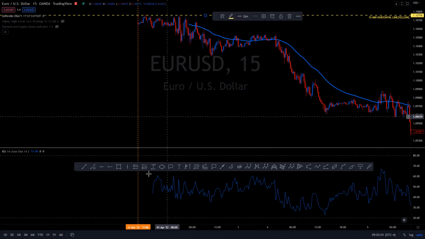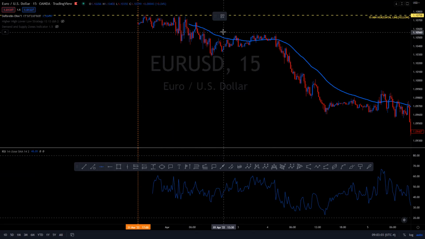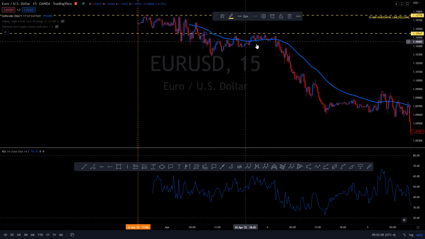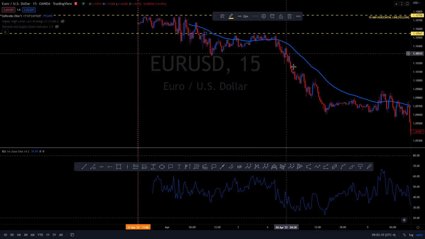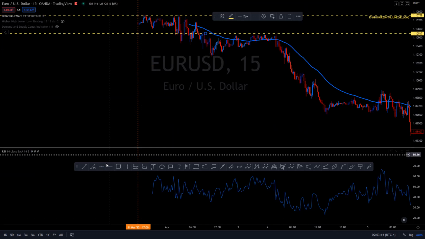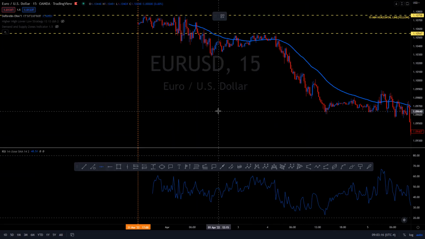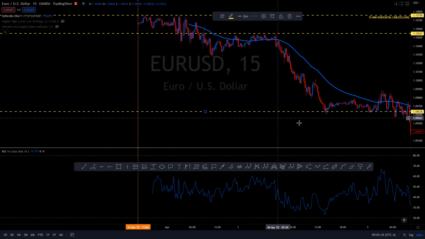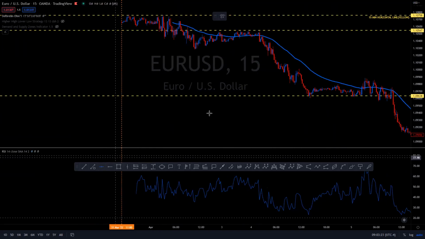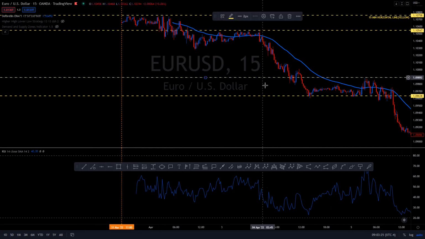And then we can see that there was another strong supply zone here as well. Price eventually broke that and hit that, which really made price drop all the way down to this demand zone here. See, there was a little bit of demand zone here. And then we really saw one up to here.